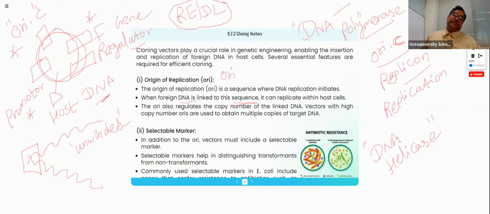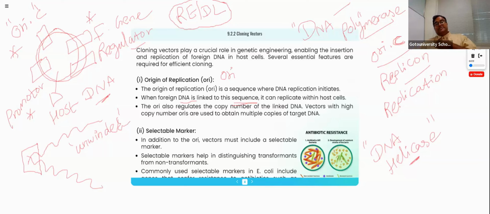I'm a DNA polymerase. I need to duplicate the given DNA segments into multiple copies. For that, the unwinding should happen. How does the unwinding happen? Because of the DNA helicase. So this DNA helicase causes unwinding at a spot called the origin of replication.